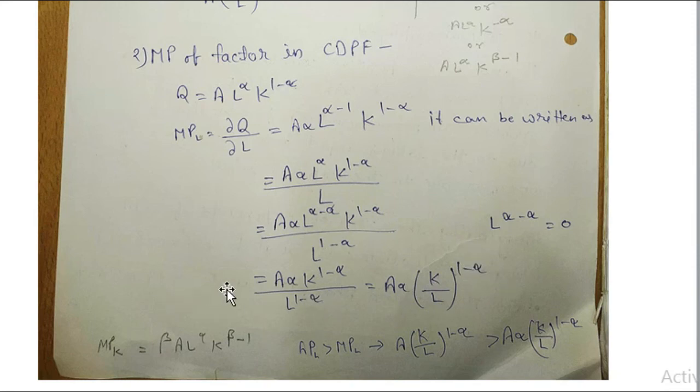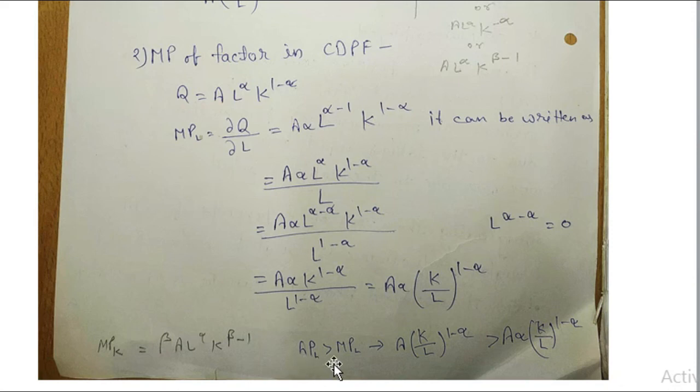So this is the expression for marginal product of labor, and here I have written the marginal product of capital by solving the same process for capital, and it will be beta A L^alpha K^(beta minus 1).